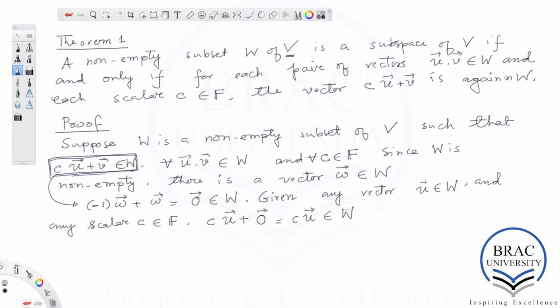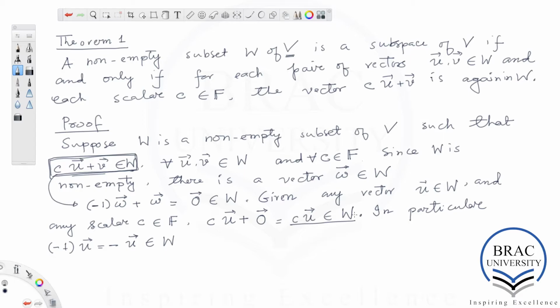All right. So it means that for any scalar c in the ground field F and for any vector u in W, c times u is also in W. In particular, -1 times u, which is equal to minus u, a simple fact that had been checked earlier using the definition of a vector space, is also in W, since c u is in W and we just take the scalar c to be minus 1.